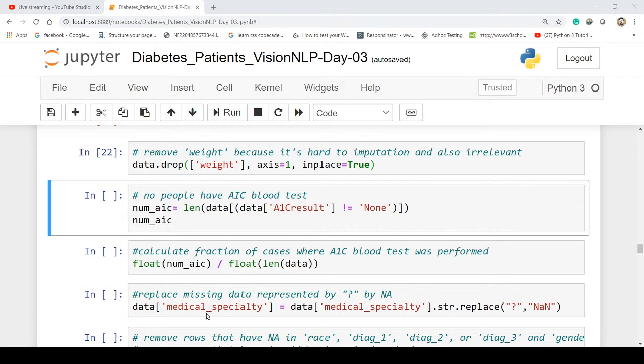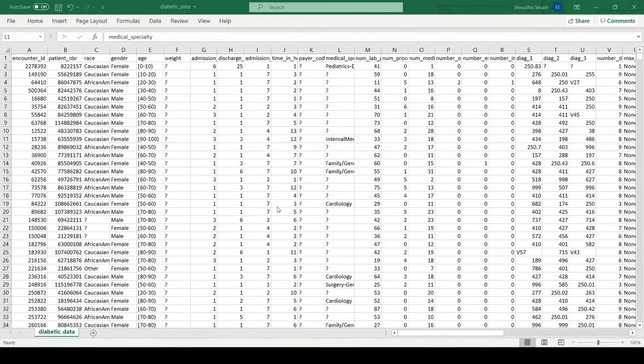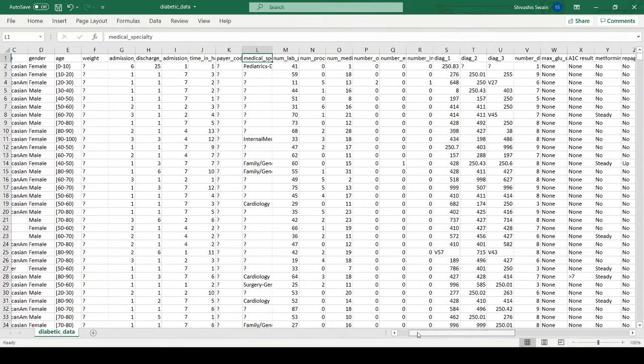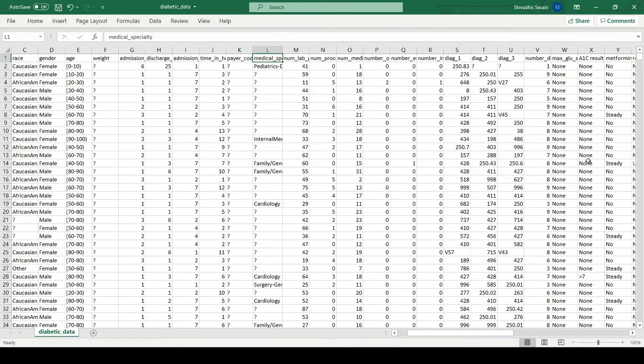Let me start my Excel, close this. Yeah, A1C. What is A1C? A1C result. Yeah, it has a lot of null values. You can see this column, right?